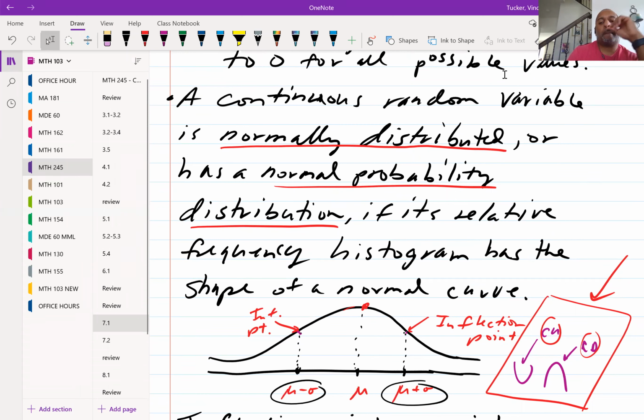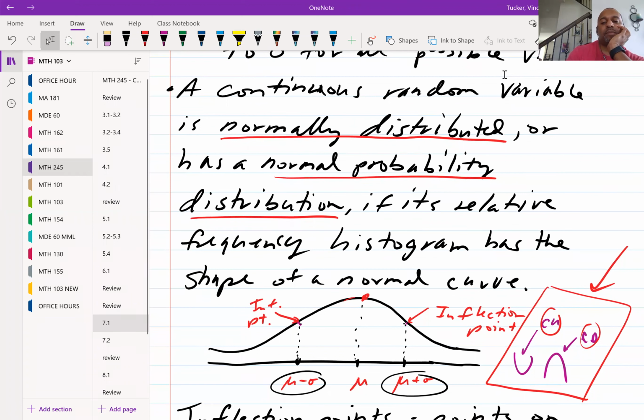Notice our mean is in the middle, Greek letter mu. Then we have inflection points at your mean plus a standard deviation, and your mean minus a standard deviation. And inflection points are just where the curvature of your graph changes. That's what I was talking about right here in this red box, concave up versus concave down.